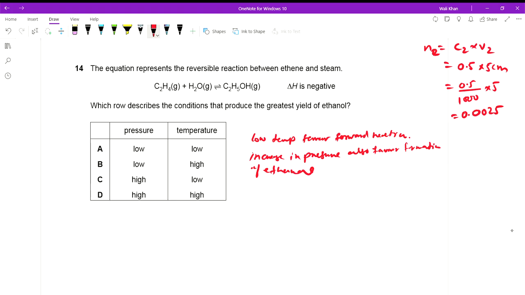So the conditions that produce the greatest yield of ethanol are high pressure and low temperature. Why is the pressure high? Why do we increase the pressure? Because the forward reaction involves a decrease in the number of gas molecules.